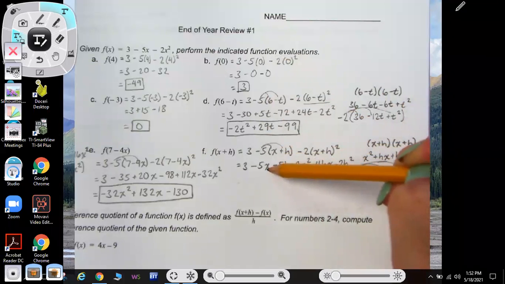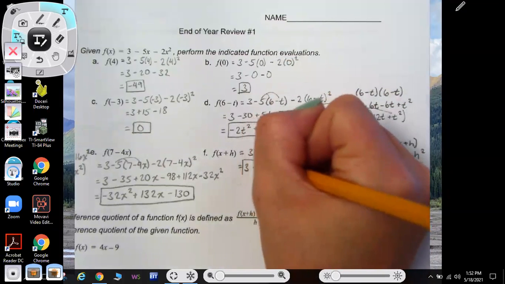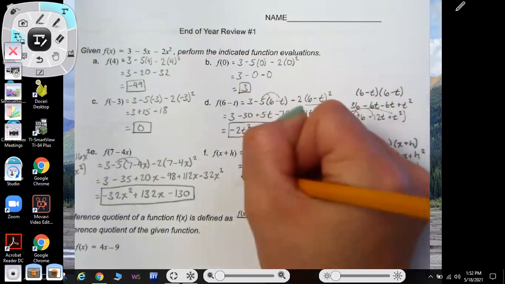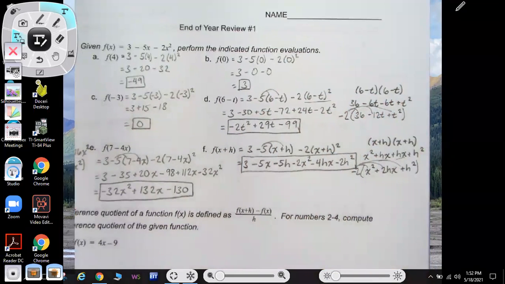So there's not another term that has just x. There's not another term that has just h. This is the only x squared term. This is the only term that has h and x. And this is the only h squared term. So this is our answer for part F. And we're not going to worry about the order on that one.